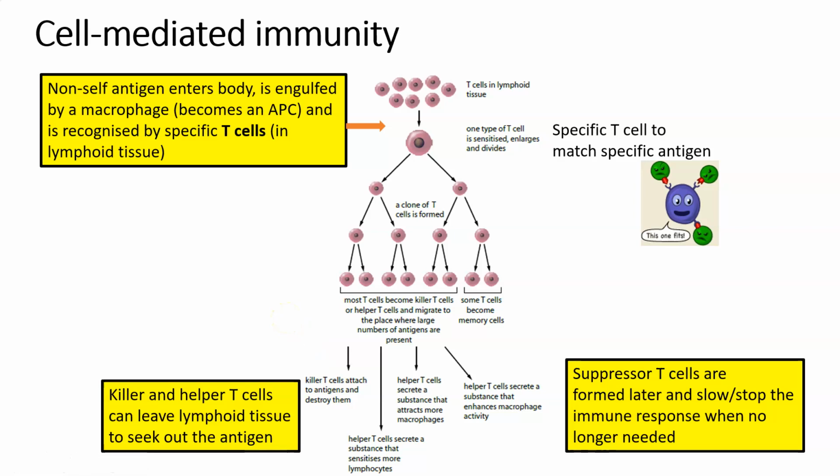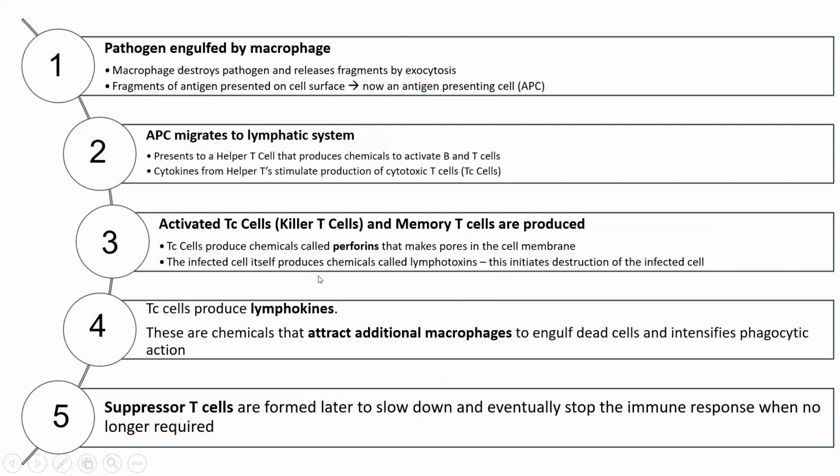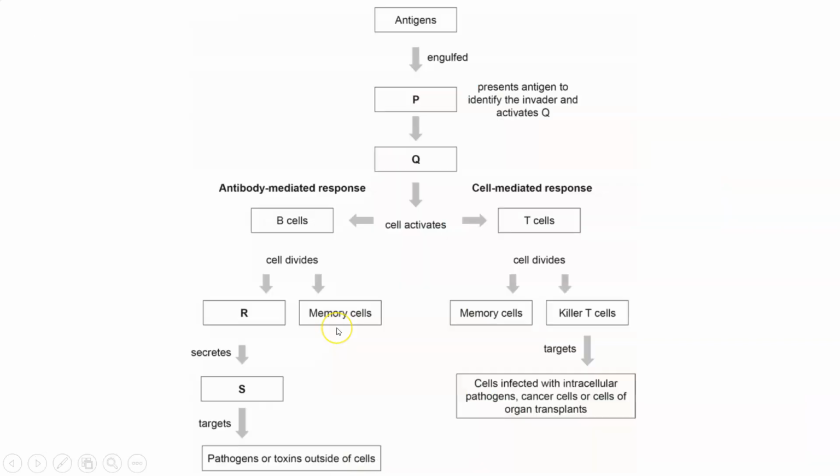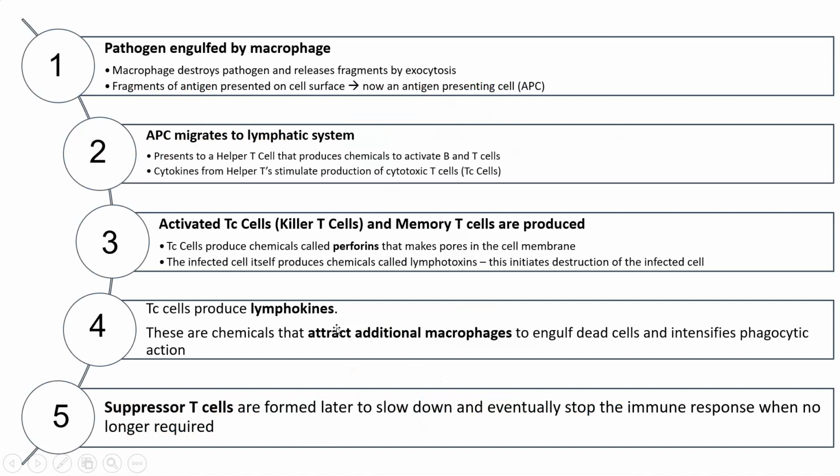The cell that is infected will secrete another type of chemical, the lymphotoxins, as you can see here, and that will initiate the cell's own self-destruct mechanism. The third chemical that we talked about were the lymphokines.